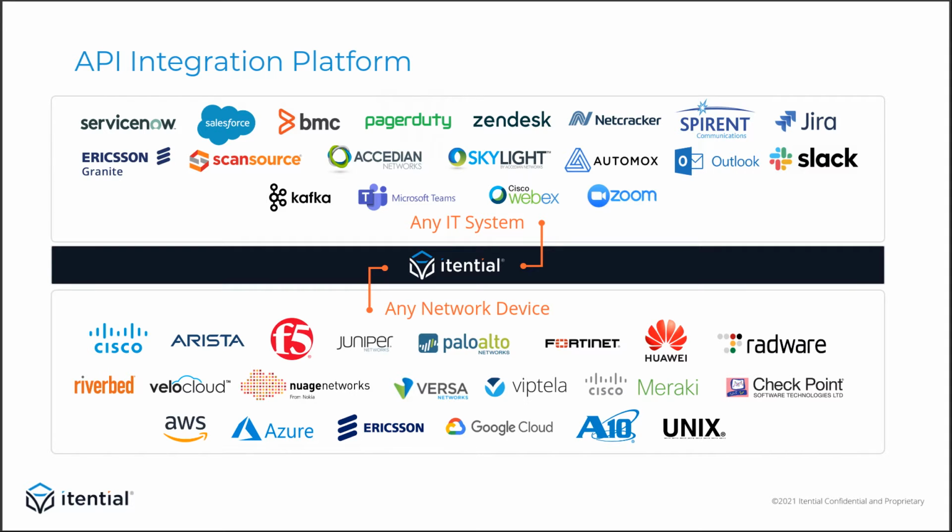In the next step, which happened in 2020, we pulled many of those IT systems into our configuration management solution, because we realized you don't only need golden configuration, compliance, and remediation on your CLI-based network devices, be they physical or virtual.